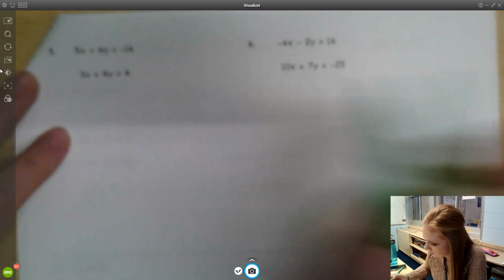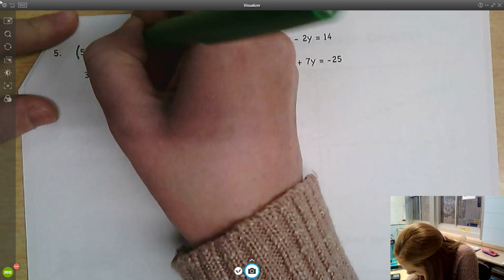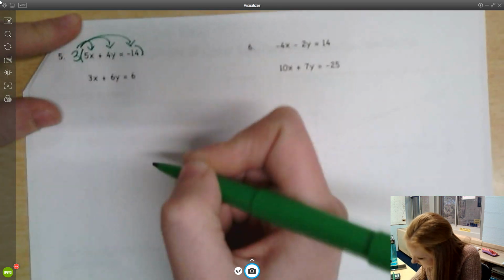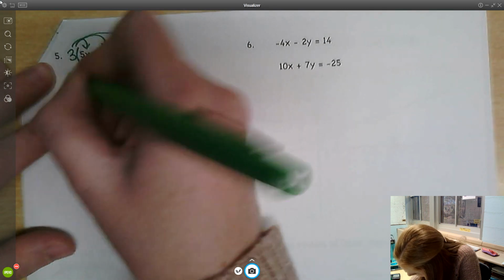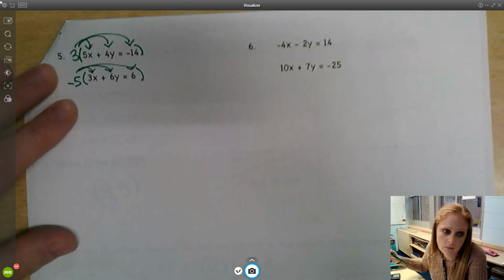All right. So if I want this to be positive 15, I'm going to have to multiply everything by 3. And if I want this one to be negative 15, I'm going to have to multiply everything by negative 5. Okay.